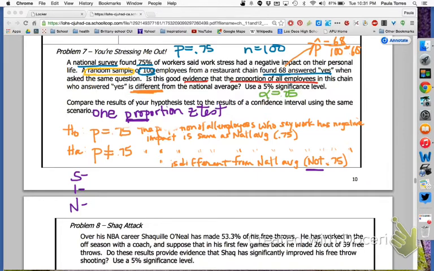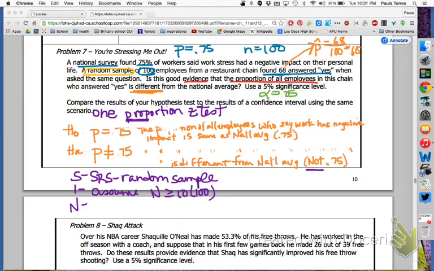conditions. And so SRS, well, of course it says random sample. And independence, in order to preserve that probability, we have to assume that the population of all workers is greater than or equal to 10 times 100, so greater than 1,000.